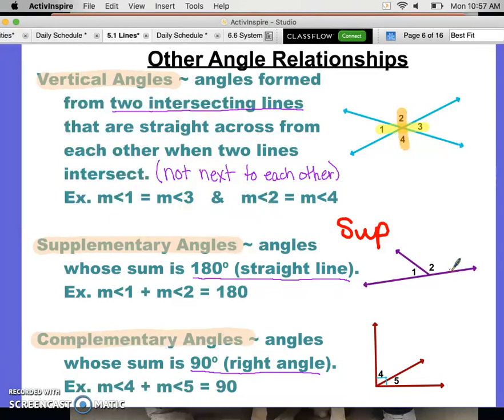So when I say sup, my arm creates a straight line. So that's how I'm going to remember. It's 180 degrees. So when I have supplementary angles, they're two angles whose sum, or when added together, equals what? What do you think? 180 degrees.